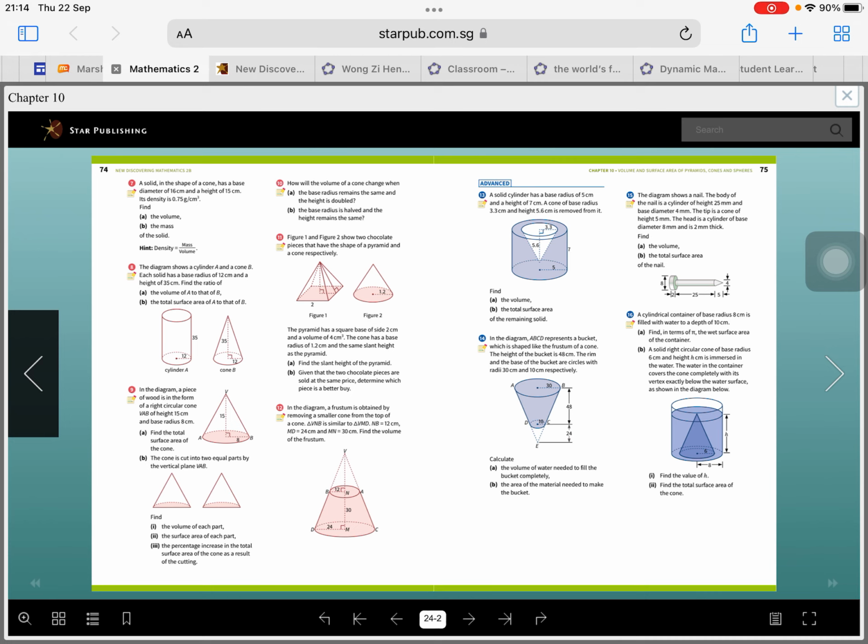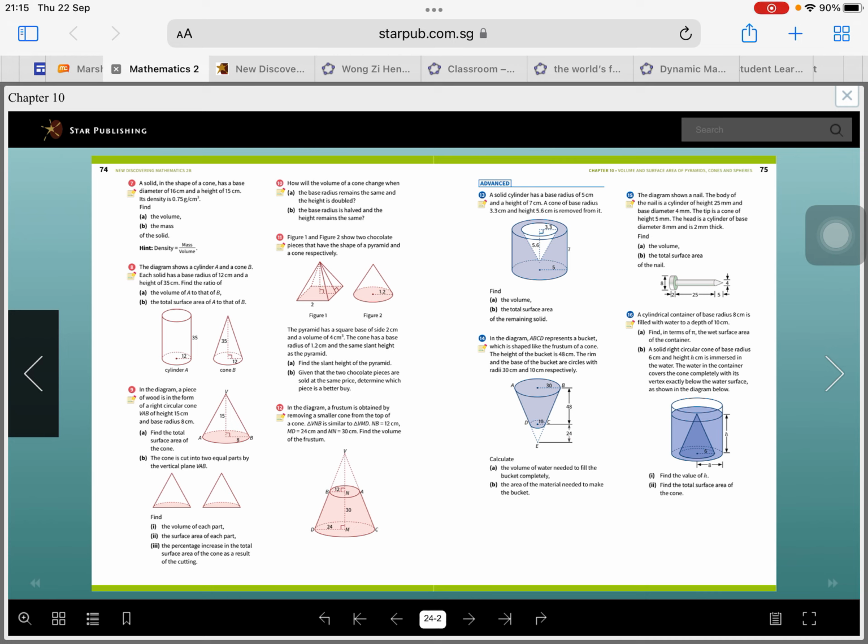As for all other things that we learn in this topic, the main calculations you need to be able to perform will be to calculate the volume and the surface area. For cones volume, actually there's nothing new to learn over here, because previously you learned in prisms that the volume of prisms is 1/3 base area times height.